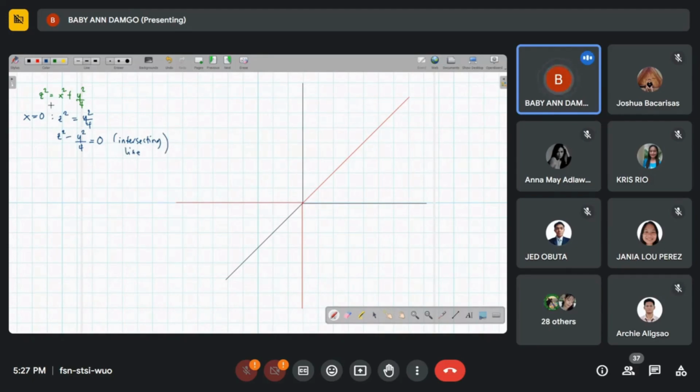Okay, next, so when y is 0, so we have z squared is equal to x squared. So we can write this as z squared minus x squared equals 0. So intersecting line gihapon.